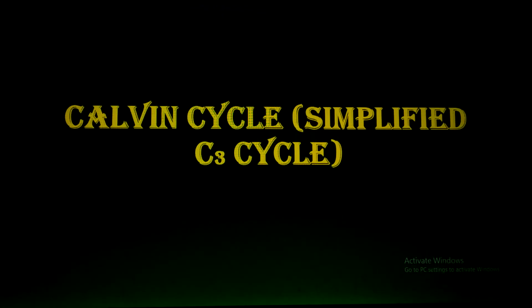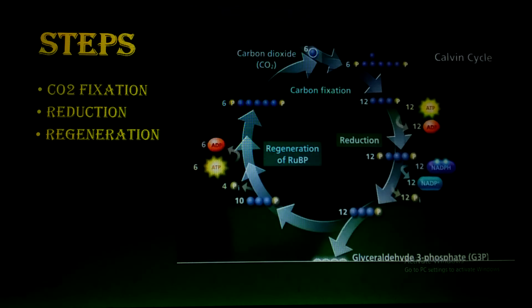Okay. Now the Calvin cycle consists of 3 steps. You can see here on the screen the three important steps of the Calvin cycle. First one is carbon fixation, in which carbon dioxide is fixed to RuBP, ribulose bisphosphate, with the help of the enzyme Rubisco, carboxylase.